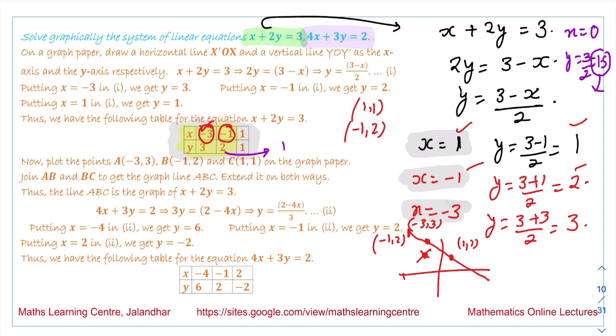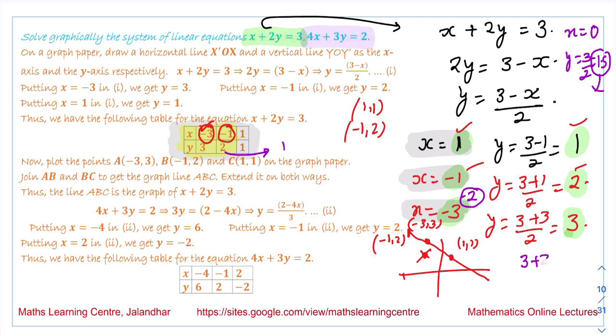we are using x values that make these numbers integer values. We have chosen x in such a way that these numbers are integer values. Suppose in place of minus 3 I have used minus 2, then what will happen?